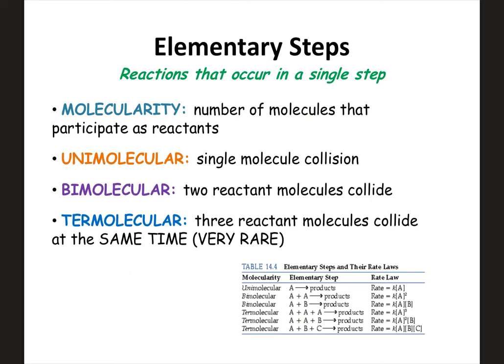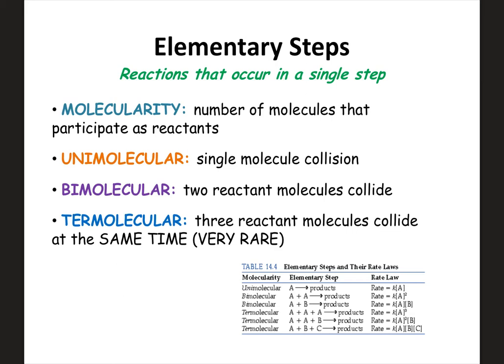An elementary step is a reaction that occurs in a single step. So a reaction mechanism could be made up of a bunch of elementary steps, which are just reactions that occur in one step. A couple of terms here. Molecularity is the number of molecules that are participating as reactants.